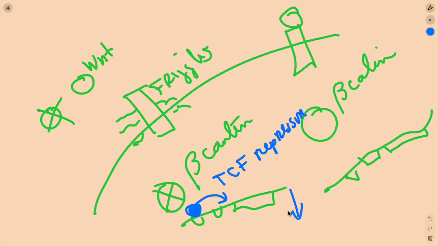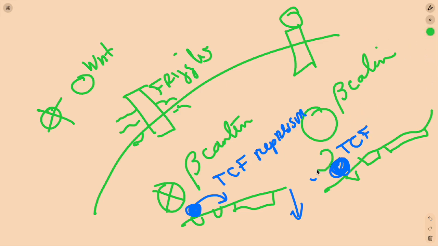So when beta-catenin gets stabilized, it actually binds not to the DNA. There's no DNA binding domain in beta-catenin. So TCF is there trying to turn it off. But this active beta-catenin just binds right on it.